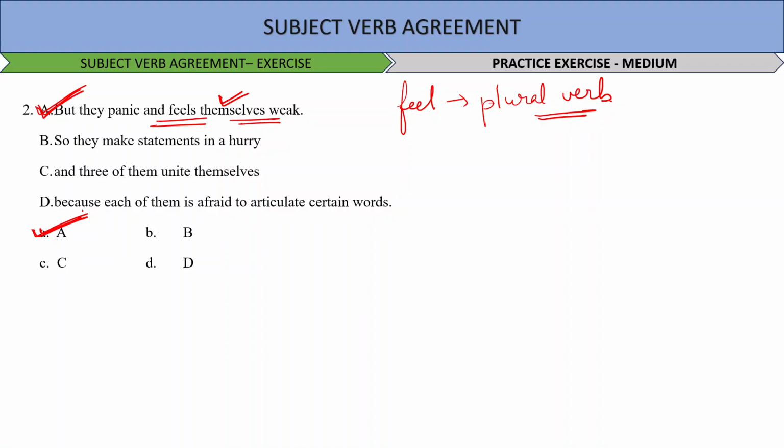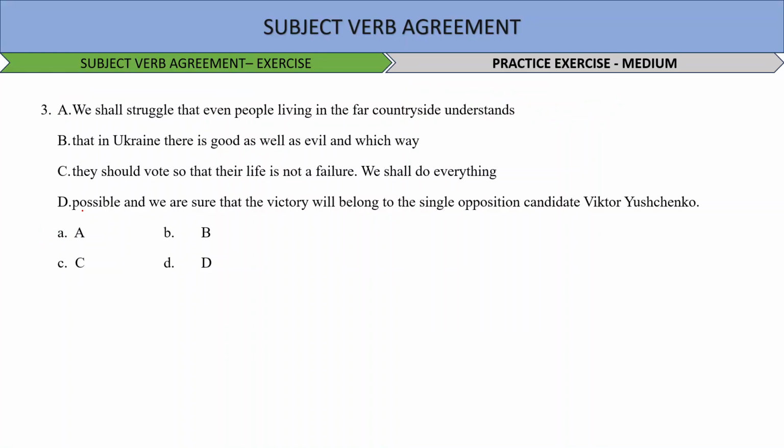Okay, next question. "We shall struggle that even people living in the far countryside understands that in Ukraine there is good as well as evil, and which way they should vote so that their life is not a failure. We shall do everything possible, and we are sure that the victory will belong to the single opposition candidate Viktor Yushchenko." So there are 4 sentences.